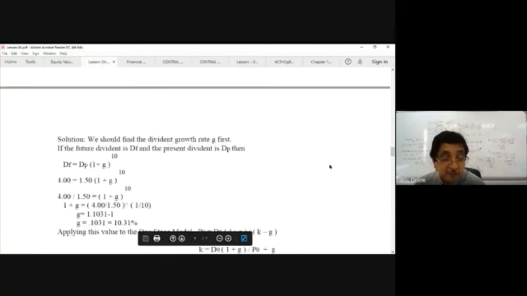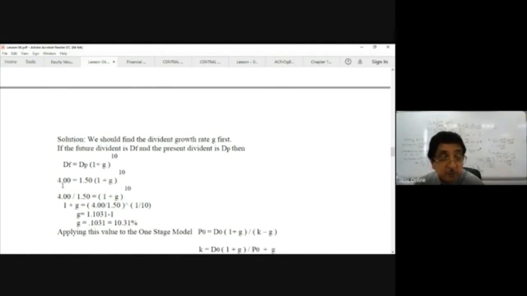Now look at it. We should find the dividend growth rate G first. If the future dividend is DF and the present dividend is DP, then DF is equal to DP into 1 plus G to the power 10.